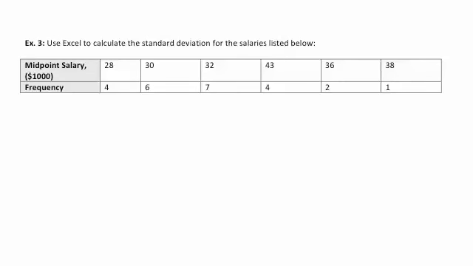So use Excel now at this point to calculate the standard deviation for the salaries listed below. One thing you will note is that once you've grouped your data, you cannot use the little formula for standard deviation in Excel. That only works with raw data. So in this case, for Excel, you've got midpoint salaries and you've got frequencies.